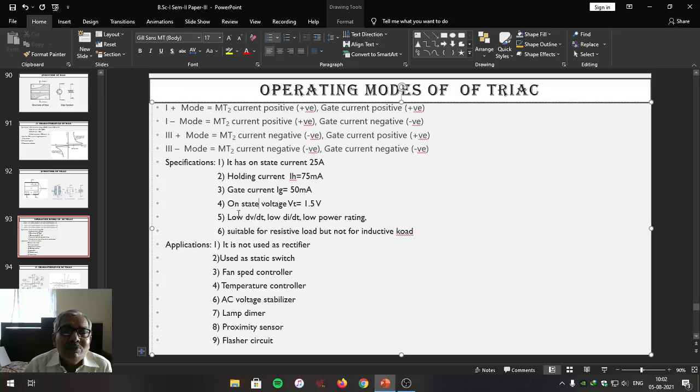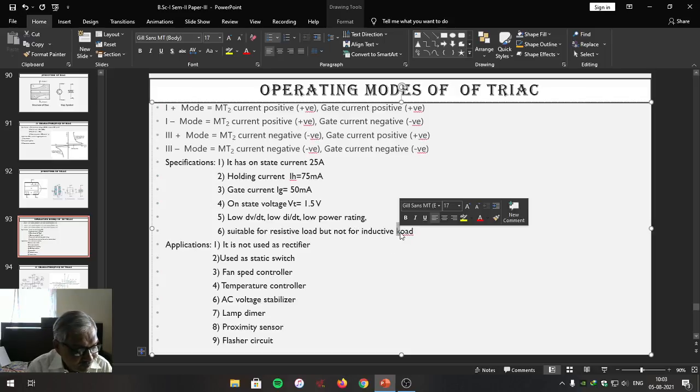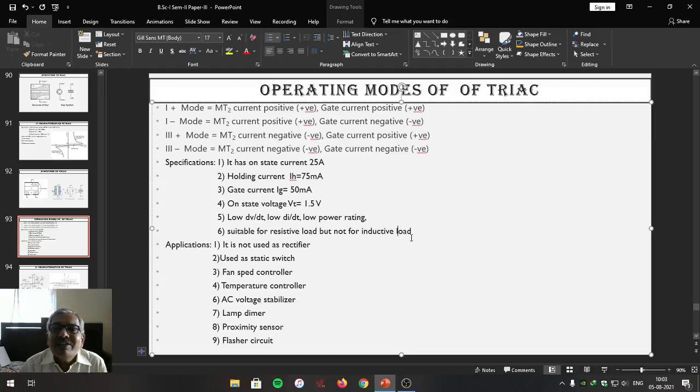Means the rate of change of voltage with respect to time is low, the rate of change of current with respect to time is also low, and it has low power rating. Friends, it is suitable for resistive load but not for inductive load. Means the triac is used mostly for resistive loads rather than inductive loads. These are the specifications associated with the triac.